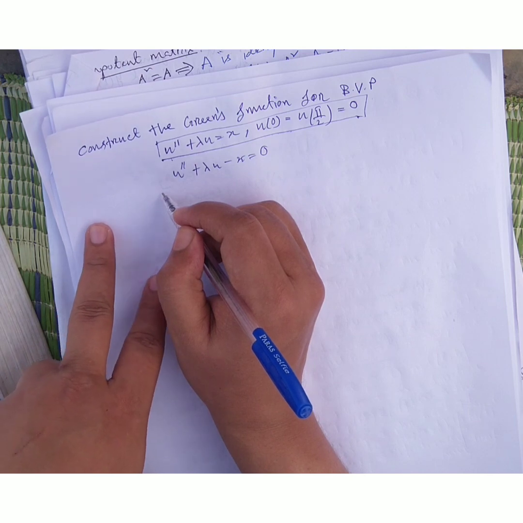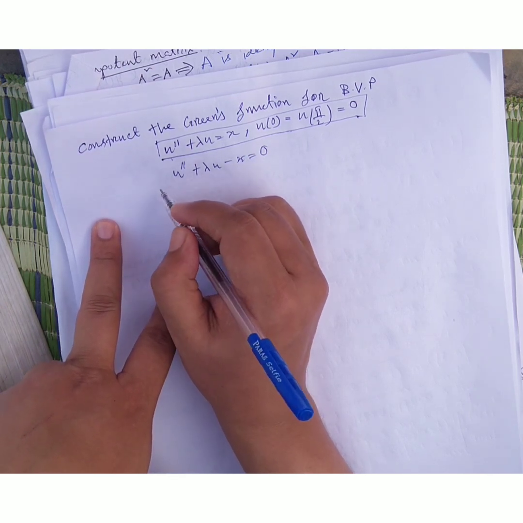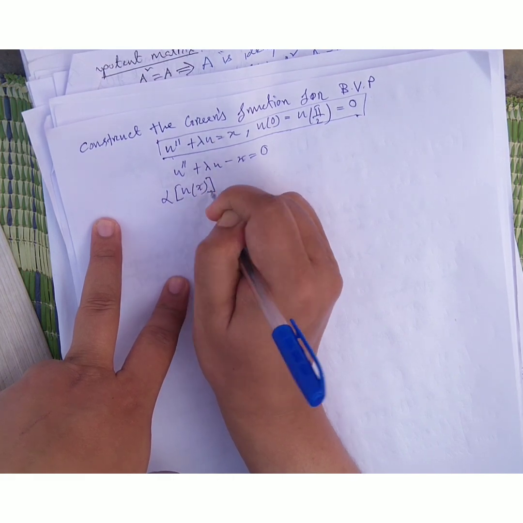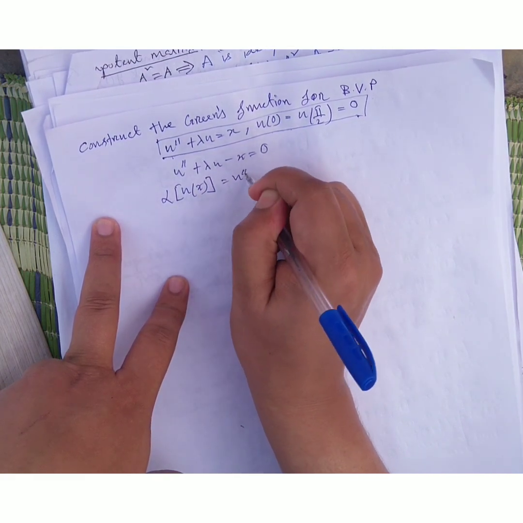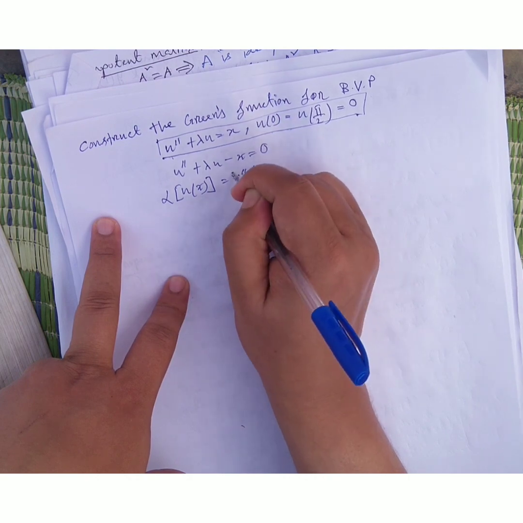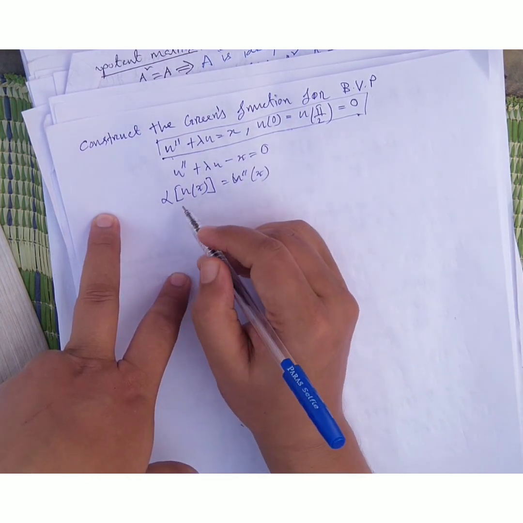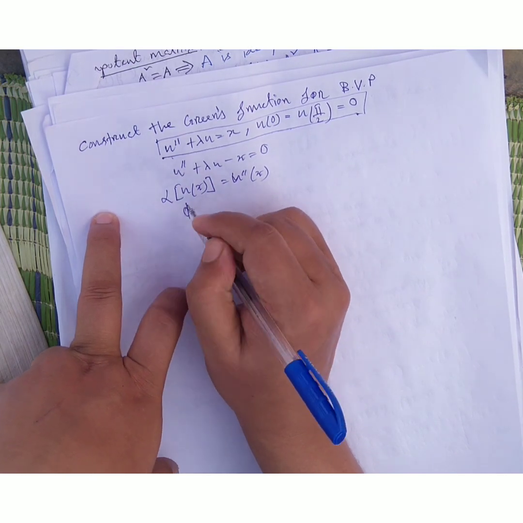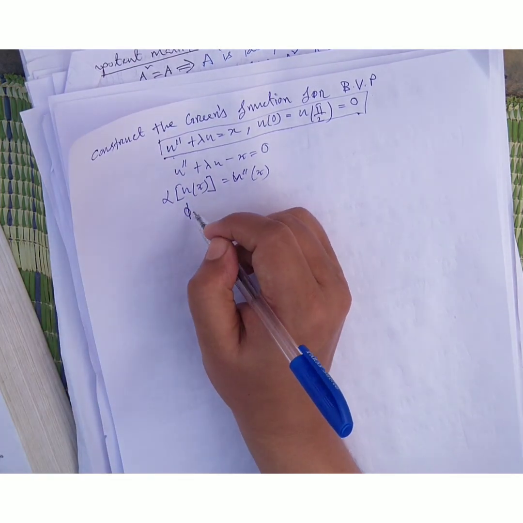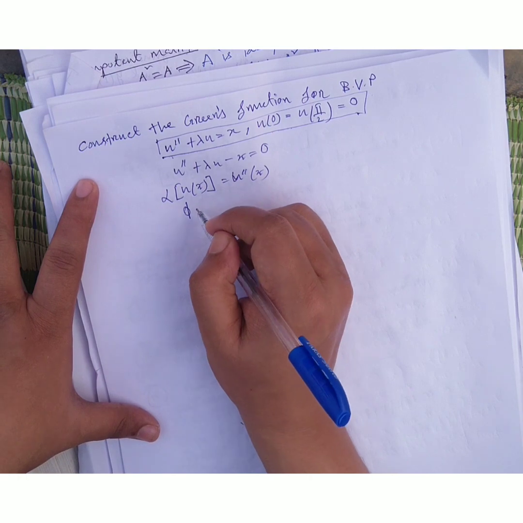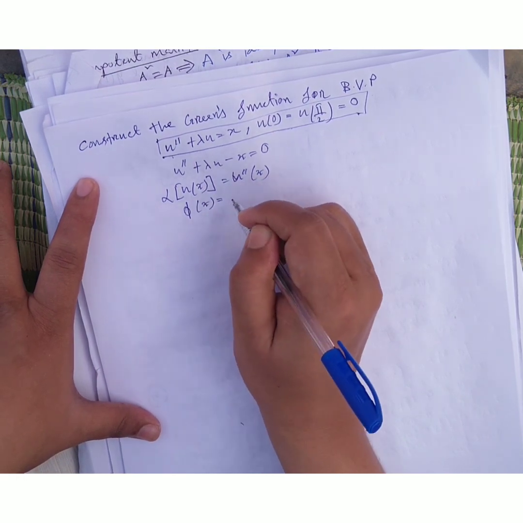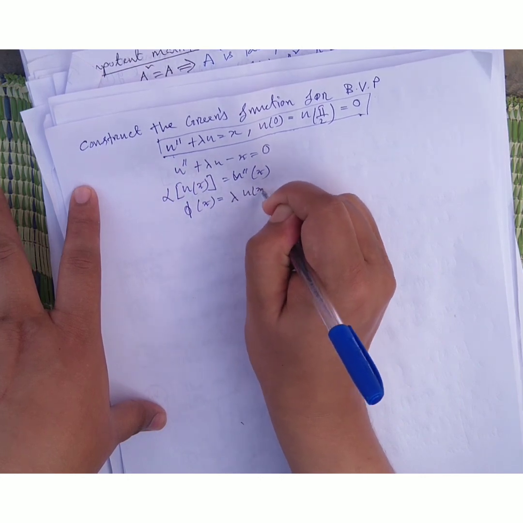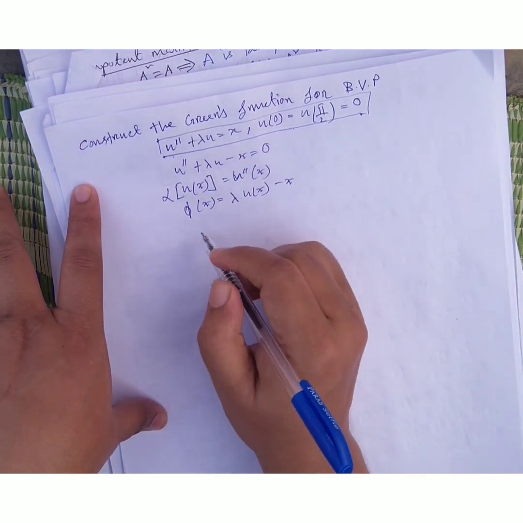The main fact is that you can write u x is equal to u double dash x, L u x, and phi x is equal to lambda u x minus x.